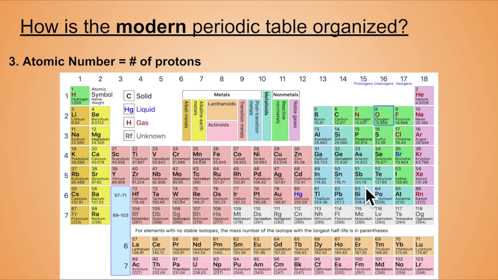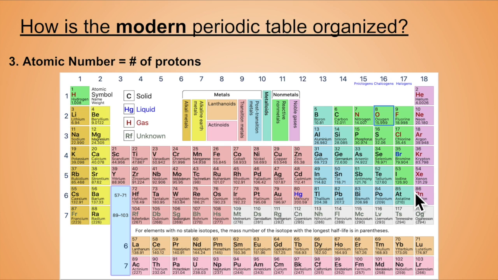We have antimony over here, 121, and we have tellurium, 127, and well, iodine is 126. Mendeleev didn't want to put iodine here because iodine matched the element properties in this group instead of in this group. So he was like, well, this isn't really following my rule, but I think that the properties are more important in this case.